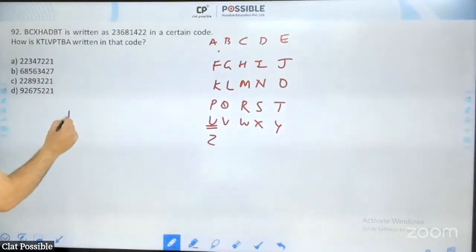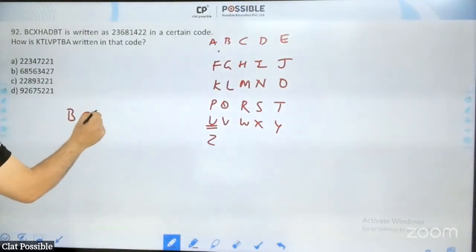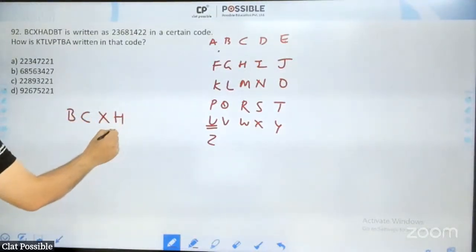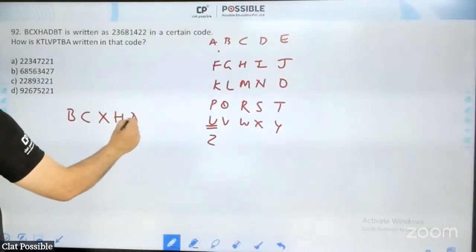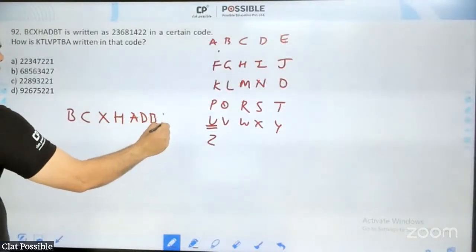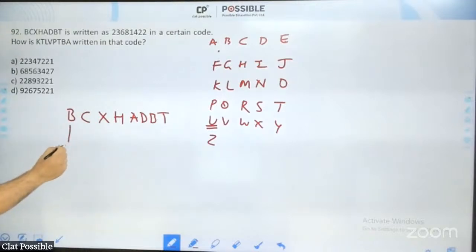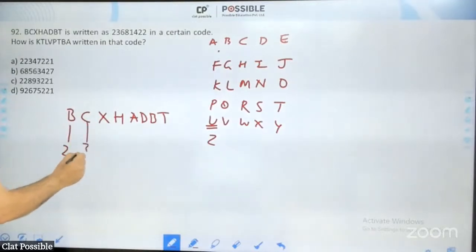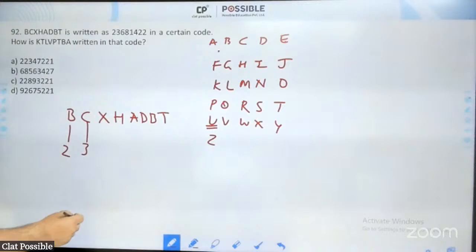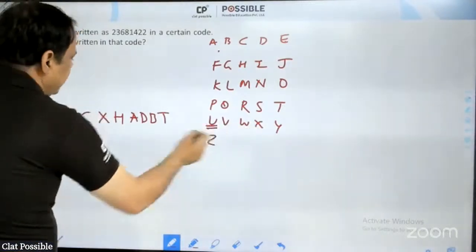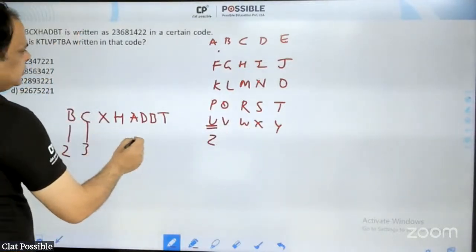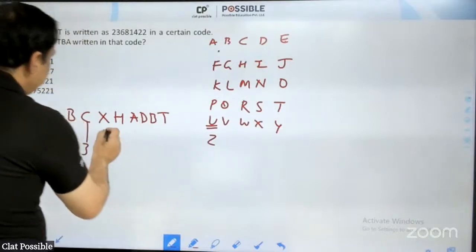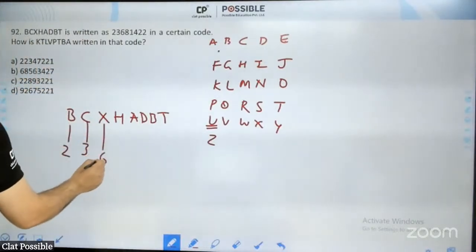Now let's look at this: BCXH, ADBT. B is 2, C is 3, the numeral position. X is 24, and 2 plus 4, 6 is used.